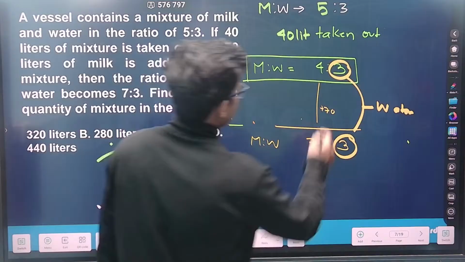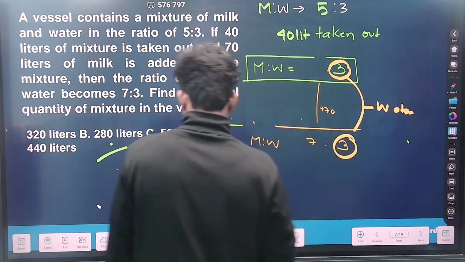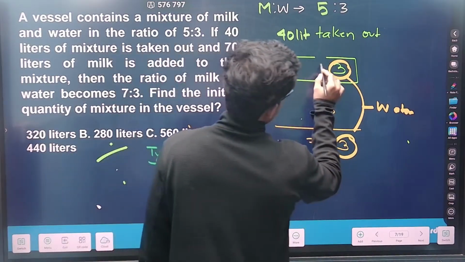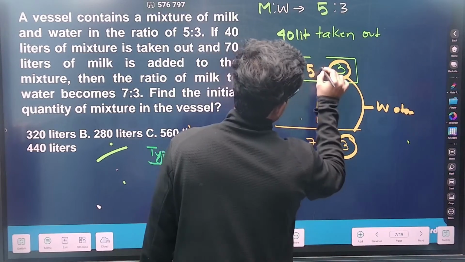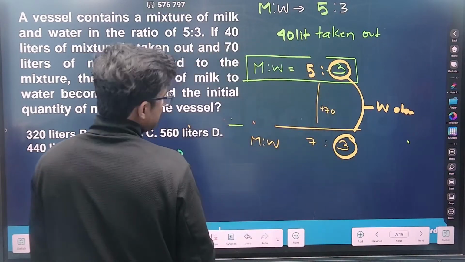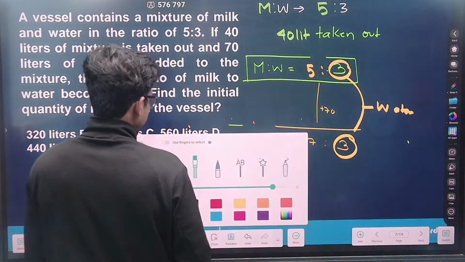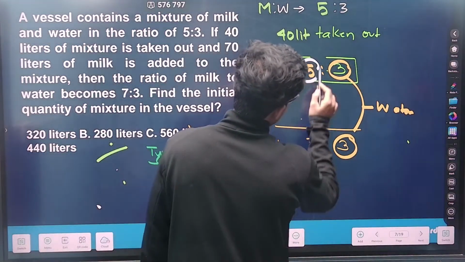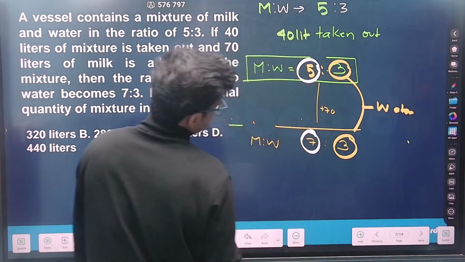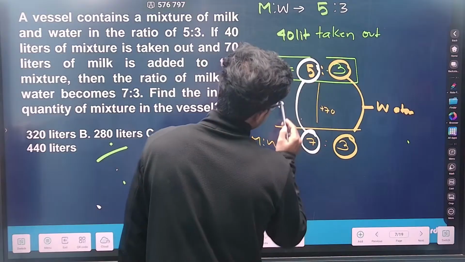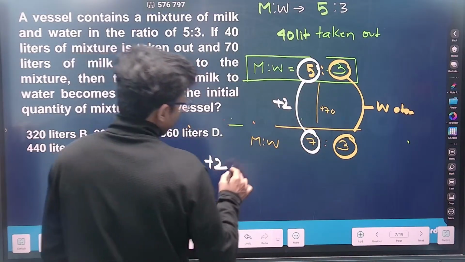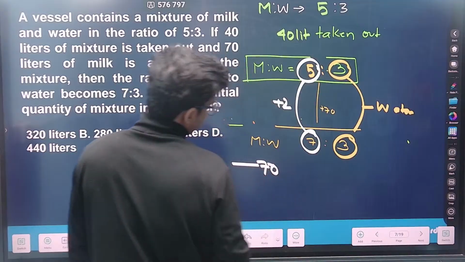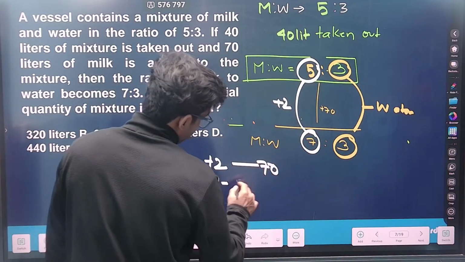Here the ratio will be 5:3. Now, if you see the jump, according to the ratio, 5 becomes 7. So there is an addition of 2 in terms of ratio. So can I say 2 is equal to 70? So 1 would be equal to 35.